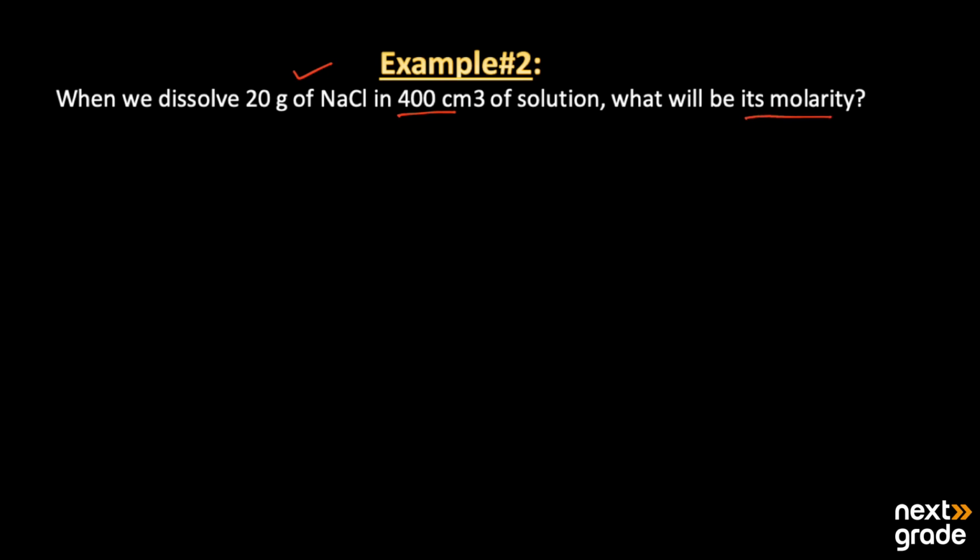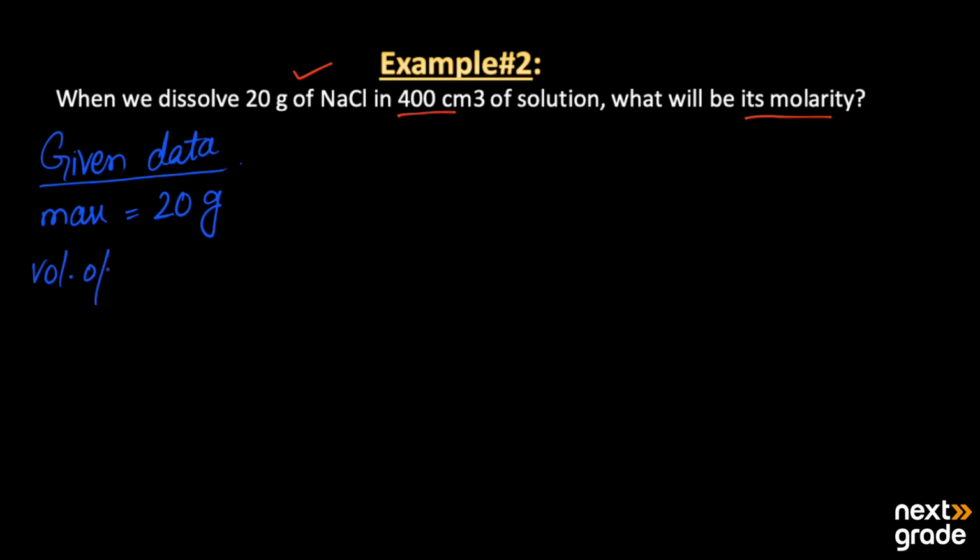Likewise, we will use the same method for the solution. First of all, we will write the given data. Here the given data is the mass, which is 20 grams, and the volume of solution, which is 400 centimeter cube.